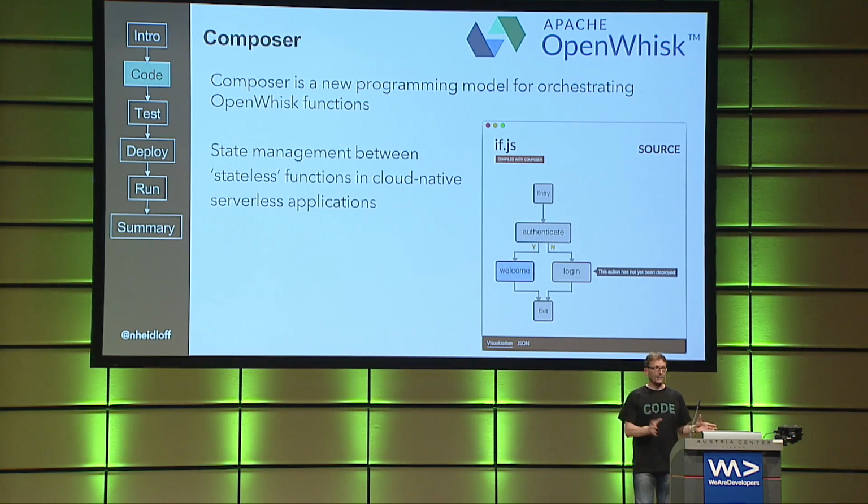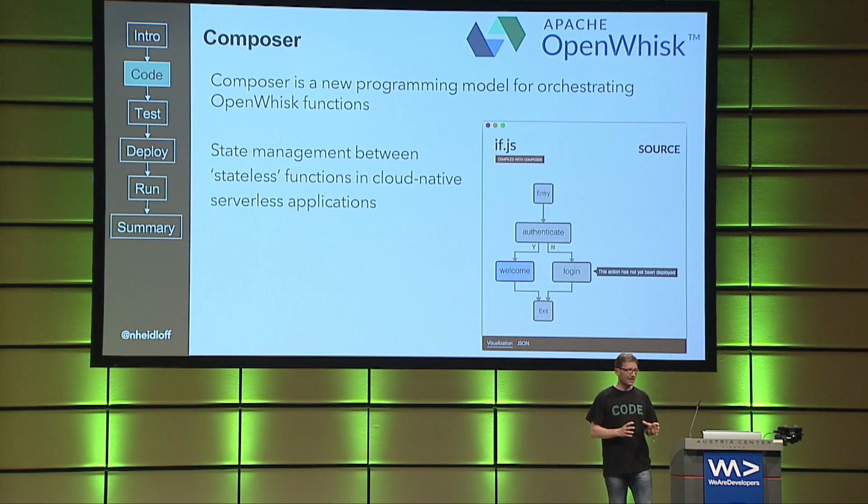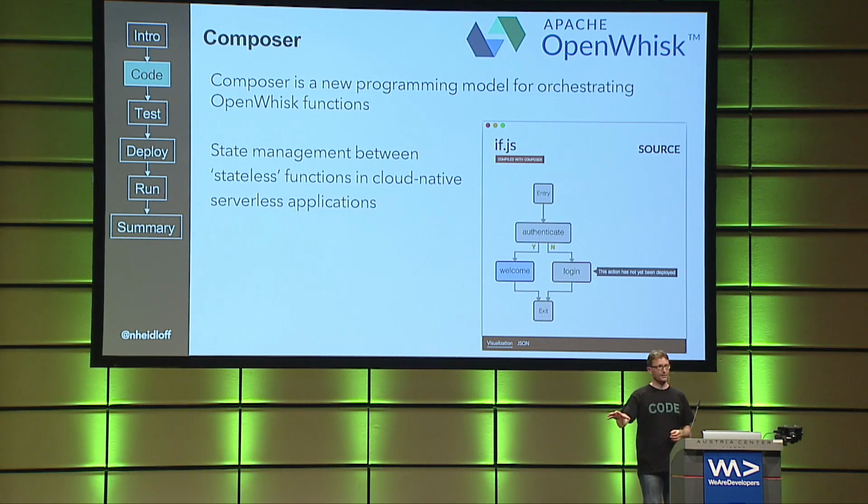Unfortunately, as I said, there is no standard for serverless, and because of that, there is no standard for serverless orchestration either. And every cloud provider has come up or is coming up with solutions in this space. For example, Amazon has something called AWS Step Functions. And Composer is basically that counterpart for OpenWhisk.